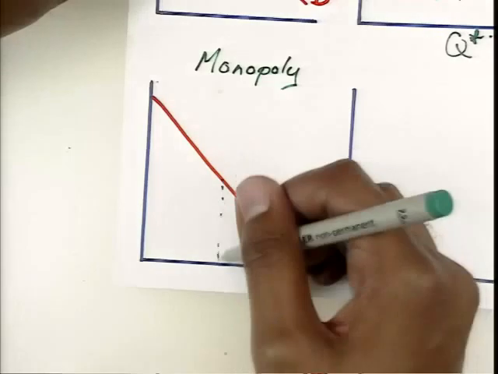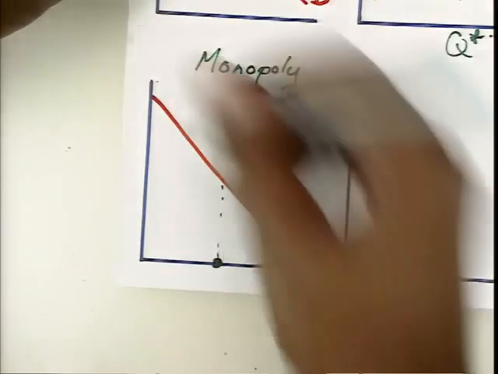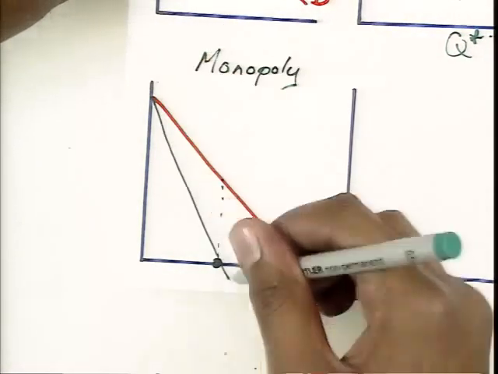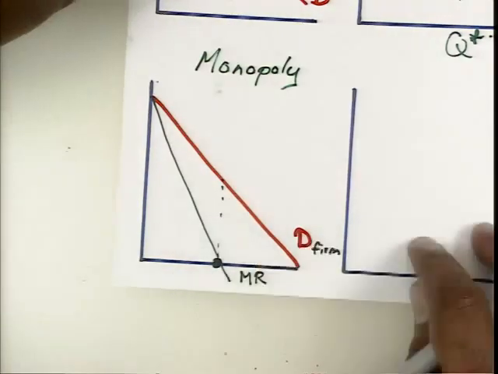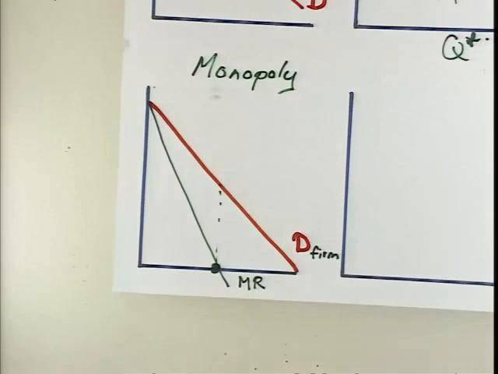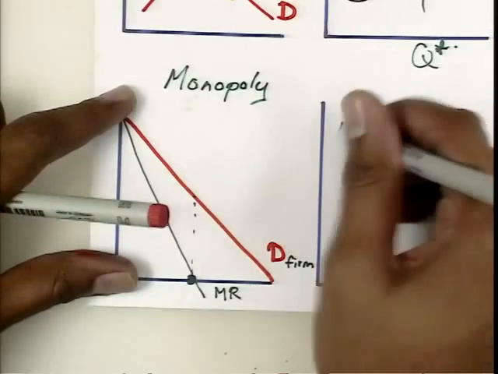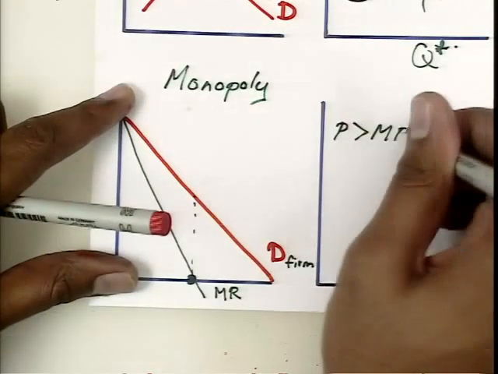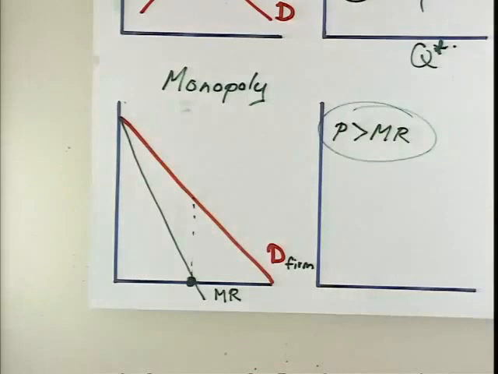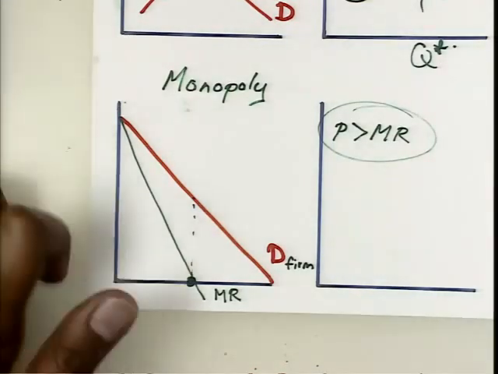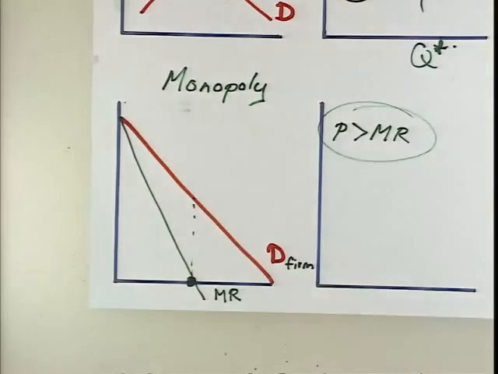Now, when the demand curve is downward sloping, I've done this a few times already, the marginal revenue is exactly 2 times as steep as the demand curve. When demand is downward sloping, the price is greater than MR. When I sell an extra unit, my extra revenue is not equal to price, because demand is downward sloping and I need to reduce the price of the previous units as well.